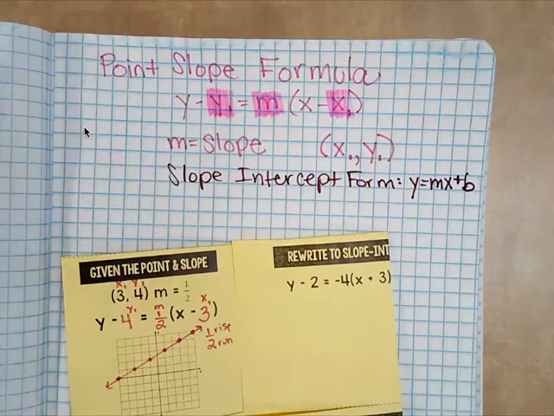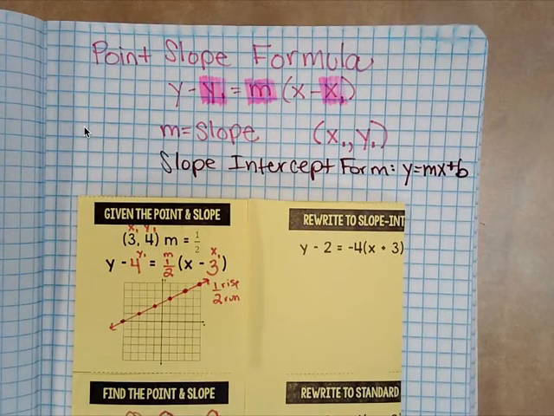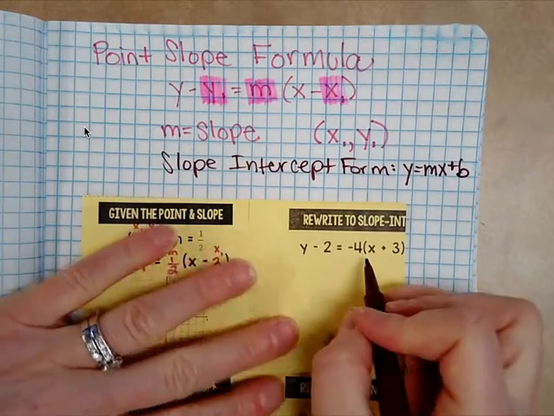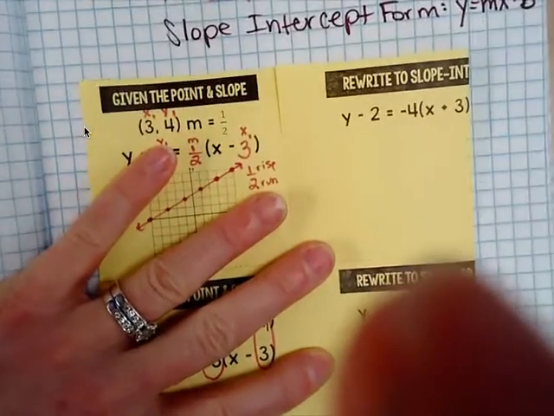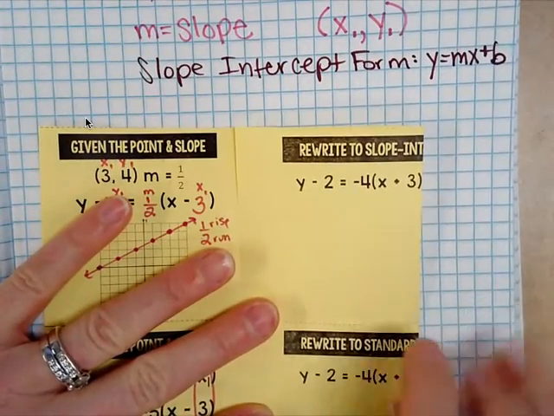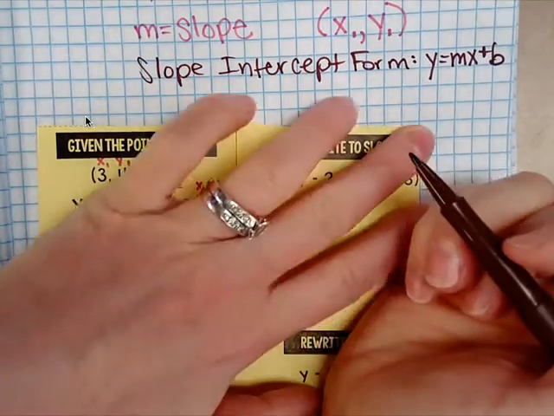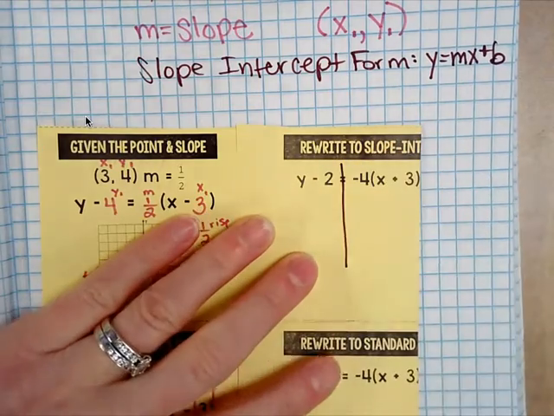So we're solving it for y. So how would we solve this for y? What would we need to do to get this to say y equals? Let's draw a line down our equal sign.